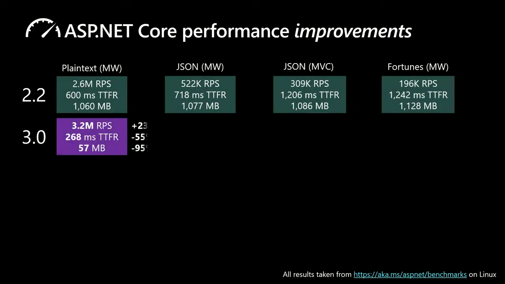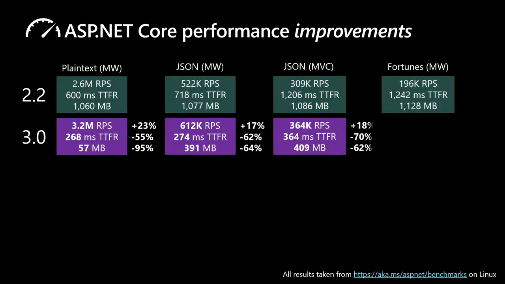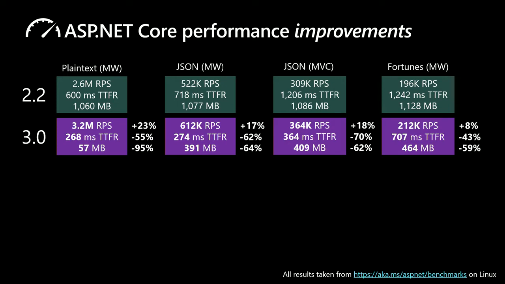The speed increases in .NET Core 3.0 are particularly amazing. .NET Core 2.2 was already really, really fast on the TechEmpower benchmarks, from the plain text benchmark all the way up to the JSON benchmarks and the Fortunes one, which involves database access and those types of things. But look at these numbers for 3.0. For throughput, requests per second, we're seeing on the plain text benchmark about a 23% increase.